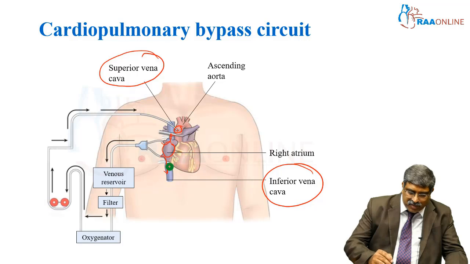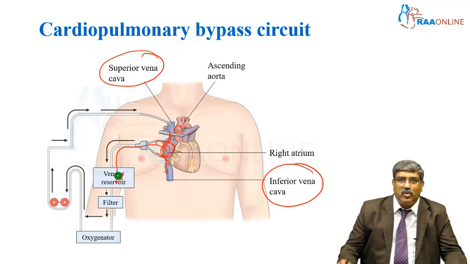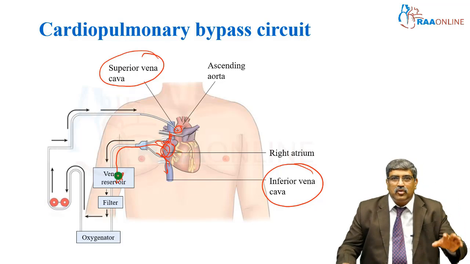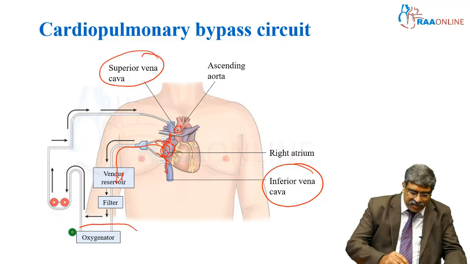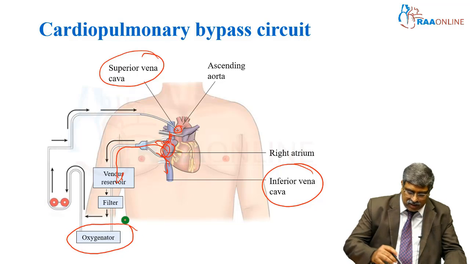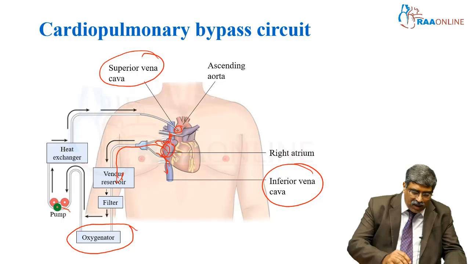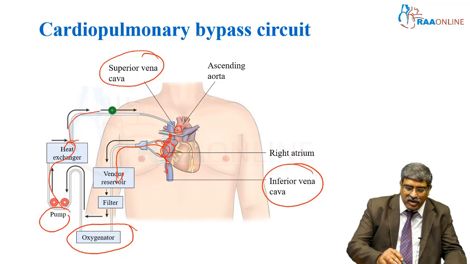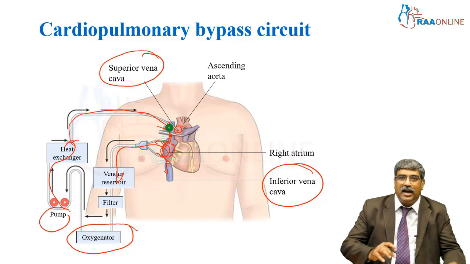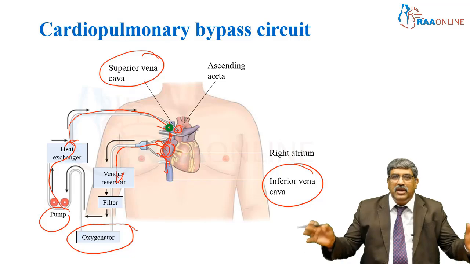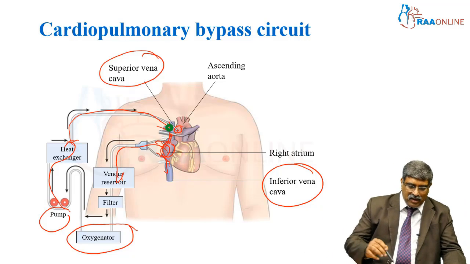Blood from the IVC and SVC or the right atrium goes into the venous reservoir, and there is a filter to trap the air. This venous blood gets oxygenated and goes to an arterial pump, and from there it passes through a heat exchanger to the arterial line to go into the systemic circulation.